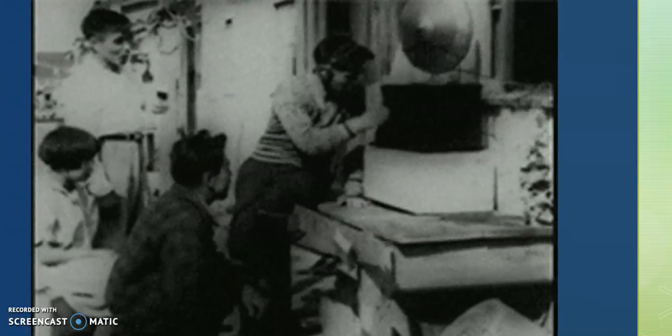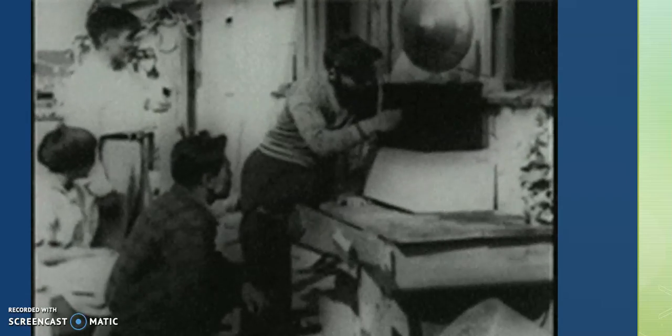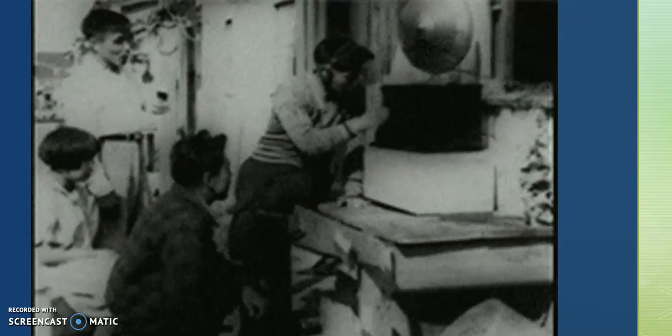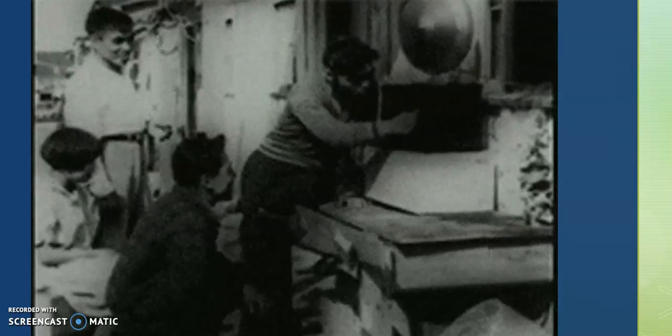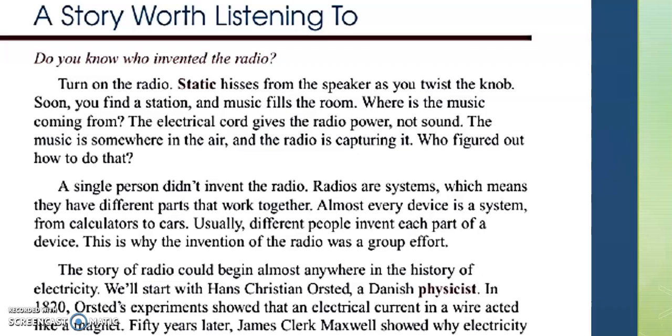So it's a process of story or signal that different machines were working together and humans were developing these kinds of instruments to have radio. It's important to understand a little bit about the story. So, a story worth listening to.